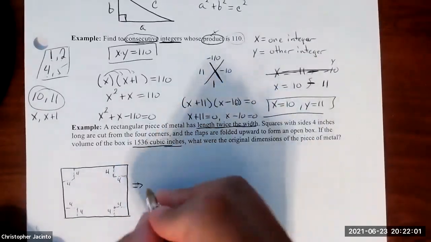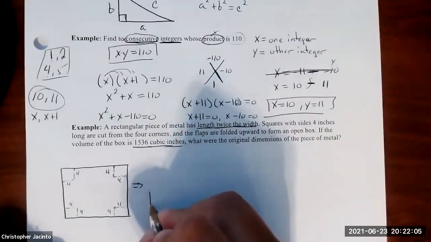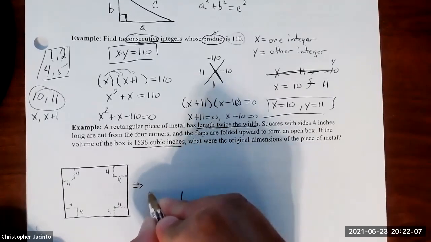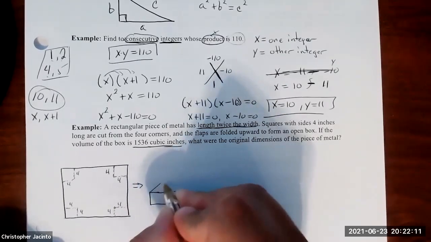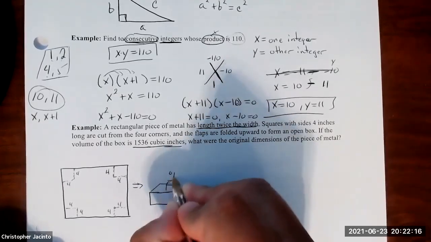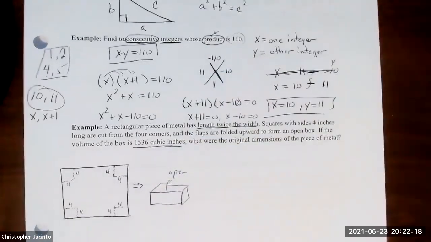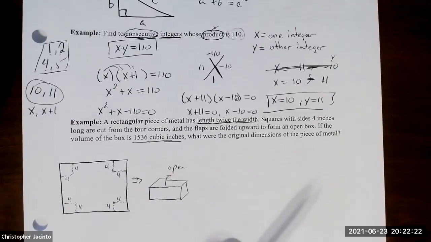And it says that once we cut this out, it resembles an open box. So it's kind of like that, where this is open, right? Just like an open box. So you fold it up. Okay.